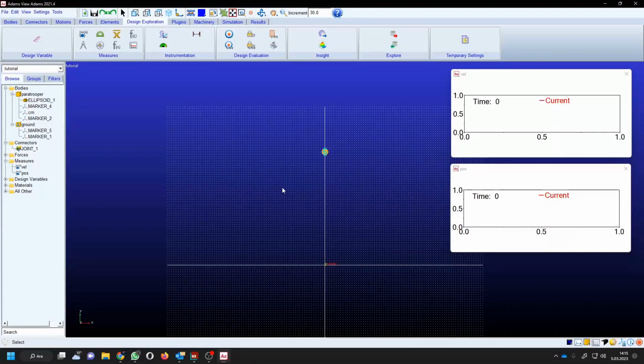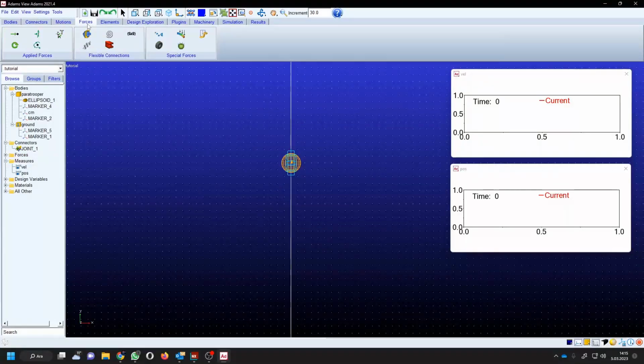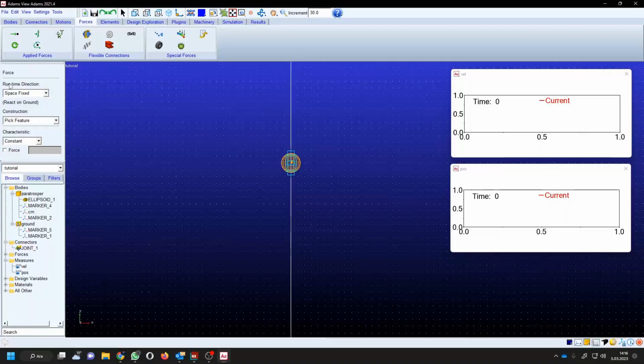So what else do we have to do? Now I will create a single component force to replicate my aerodynamic force. Here in forces I will create a single component applied force. The runtime direction will be body moving, not space fixed. It will move with the body, we know that.